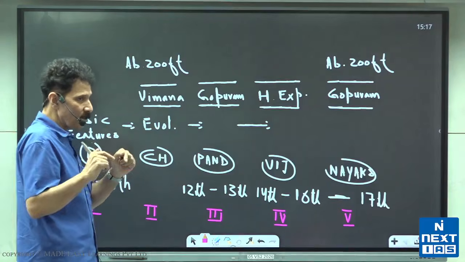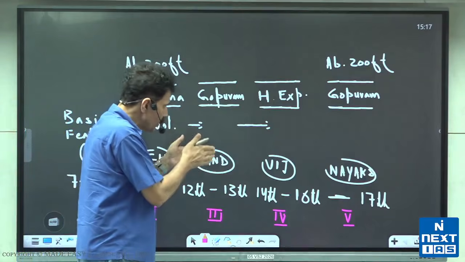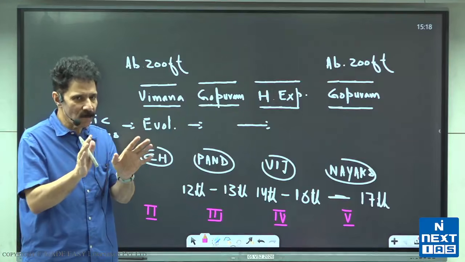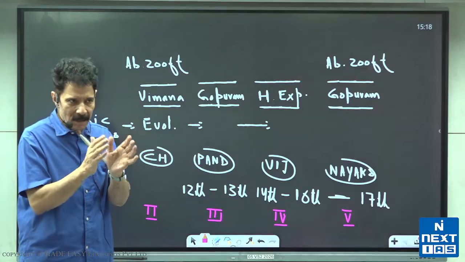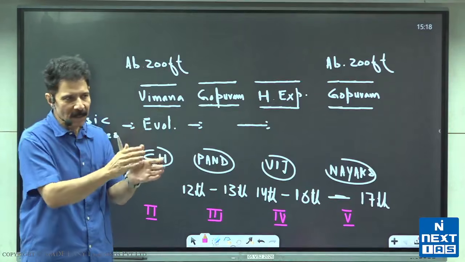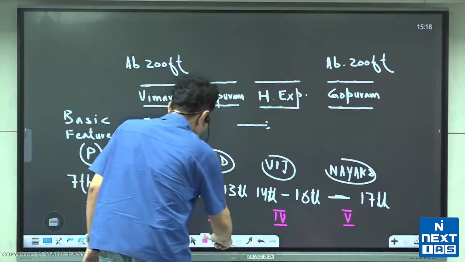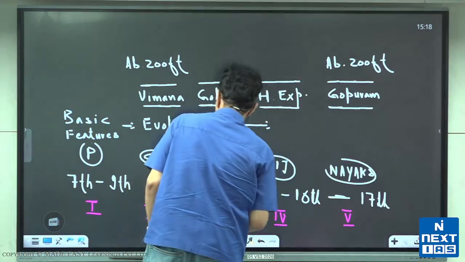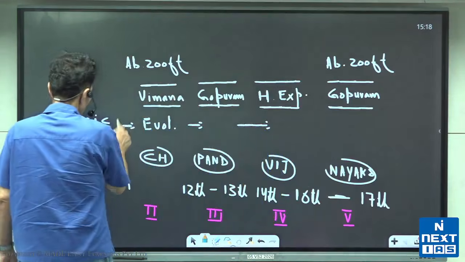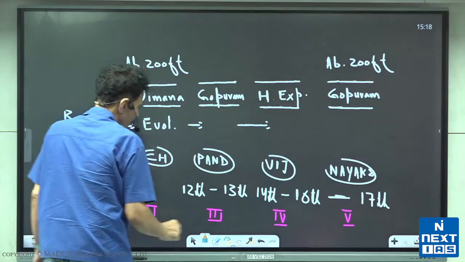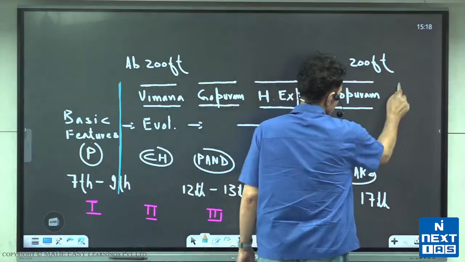Plus one more thing I have said, you can use a similar kind of timeline diagram in your answer. If you have a question, for example, discuss the evolution of Dravidian style from 9th century to 17th century, you will be writing the answer, plus you will be doing one more thing, starting from here, ending here.